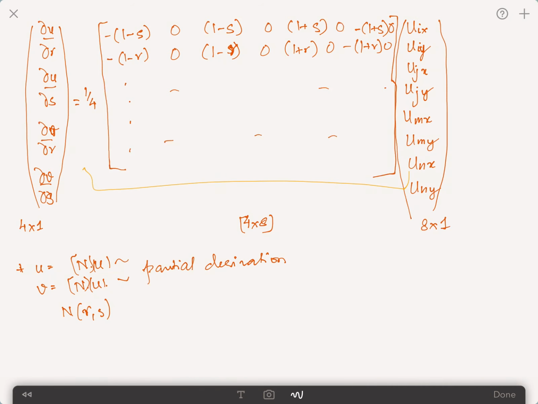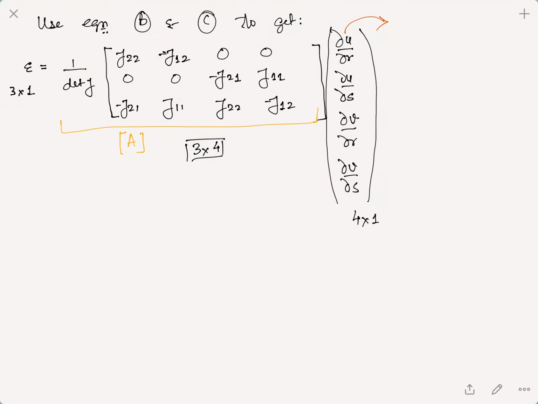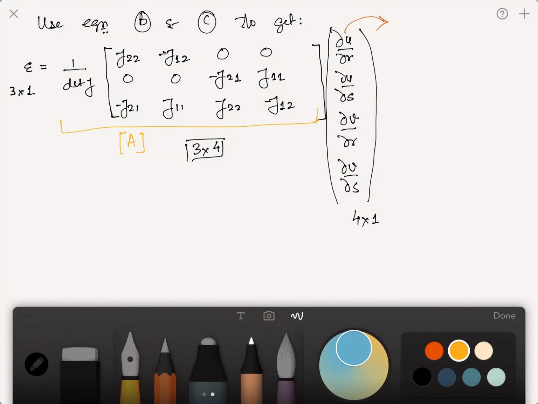If this matrix is matrix M, then we can define, if we go back to this particular definition right here, I want to stay at this slide.